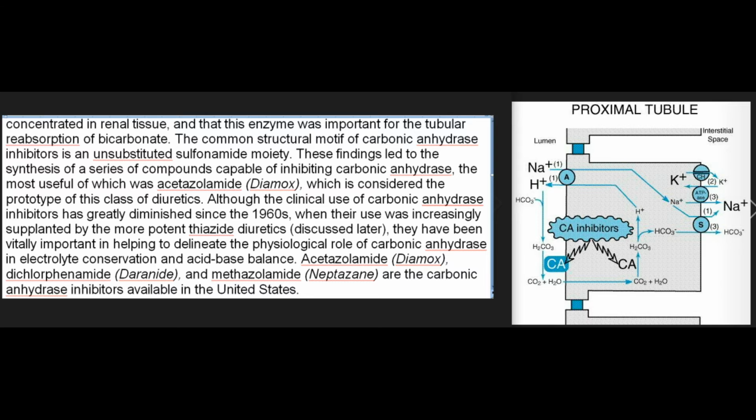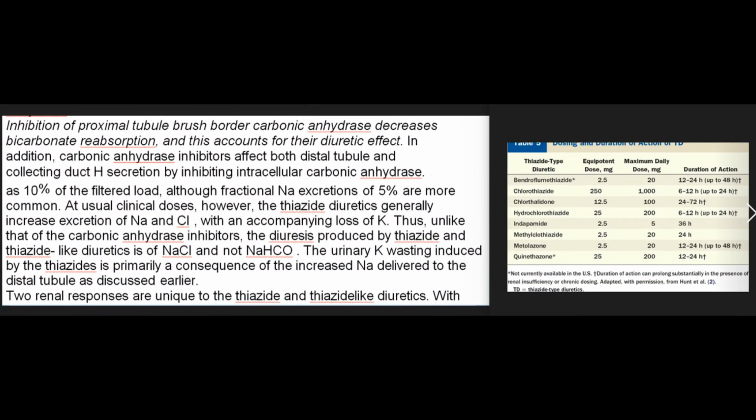Acetazolamide, Diamox, dichlorphenamide, Daranide, and methazolamide, Neptazane, are the carbonic anhydrase inhibitors available in the United States. Inhibition of proximal tubule brush border carbonic anhydrase decreases bicarbonate reabsorption, and this accounts for their diuretic effect. In addition, carbonic anhydrase inhibitors affect both distal tubule and collecting duct H secretion by inhibiting intracellular carbonic anhydrase.